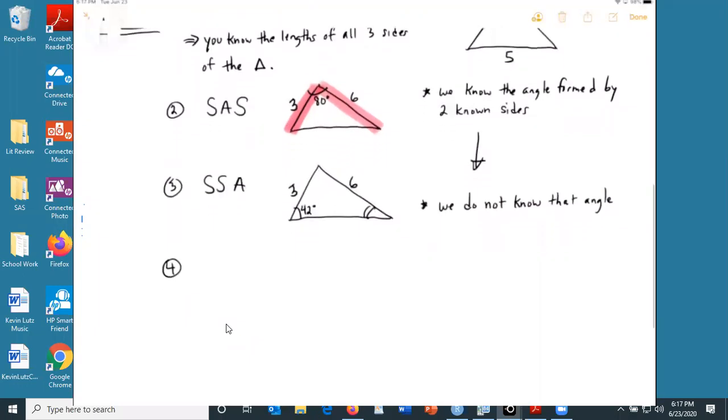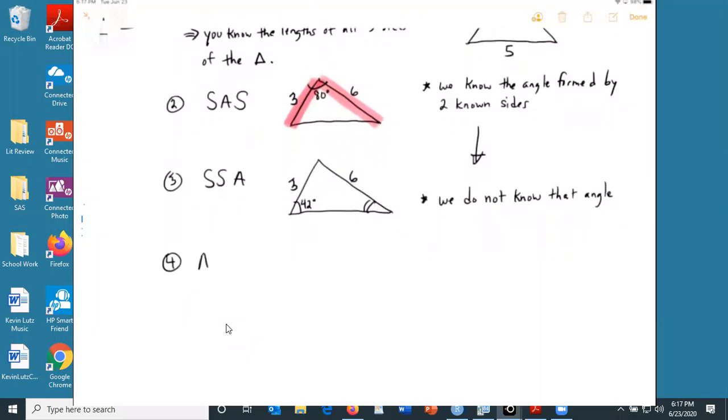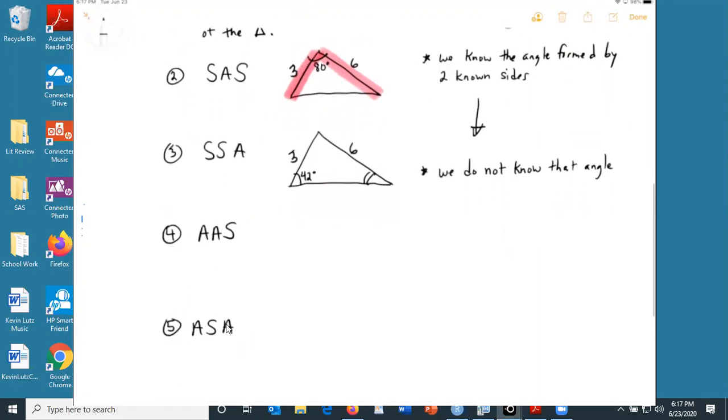All right, there's two more that we need to know. One is angle, angle, side, and the other is angle, side, angle. So AAS and ASA. So what does this look like? Well, let's see. When you say angle, angle, side, that means we know two angles and one side.